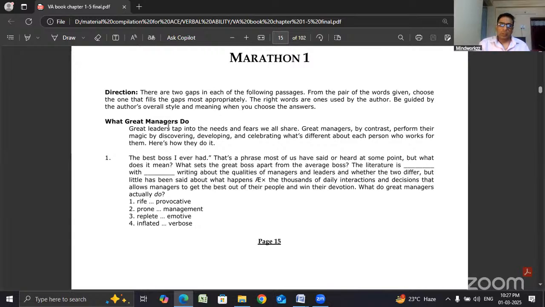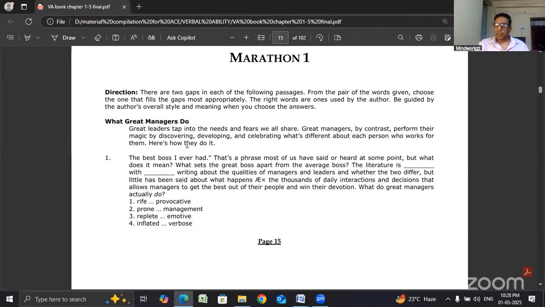Great leaders tap into the needs and fears we all share. Great managers, by contrast, perform their magic by discovering, developing, and celebrating what's different about each person who works for them. Now, this is such an important line.